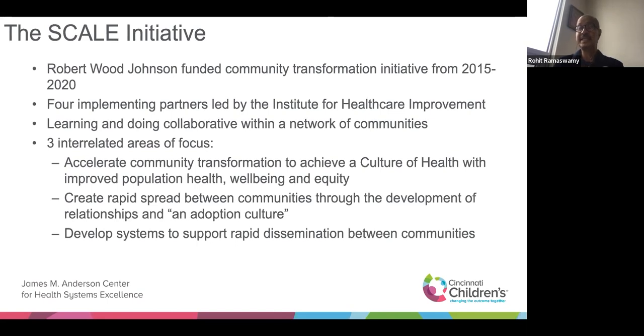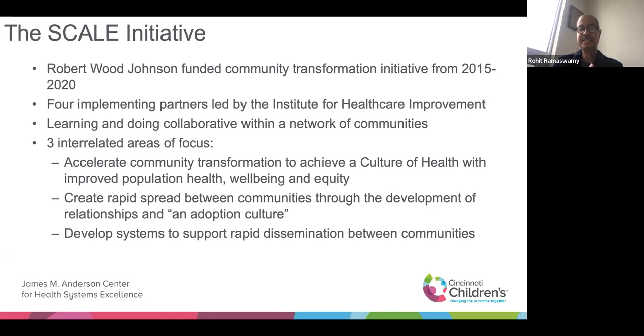And each of these communities decided on a particular transformational outcome or objective that they wanted to work on. So not only was there a lot of heterogeneity across the different community coalitions, but there was a lot of heterogeneity in the kinds of things that they were working on as well.